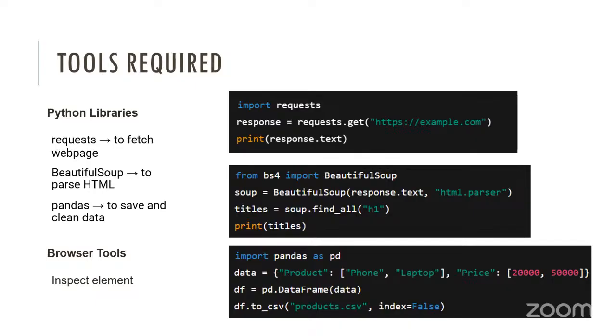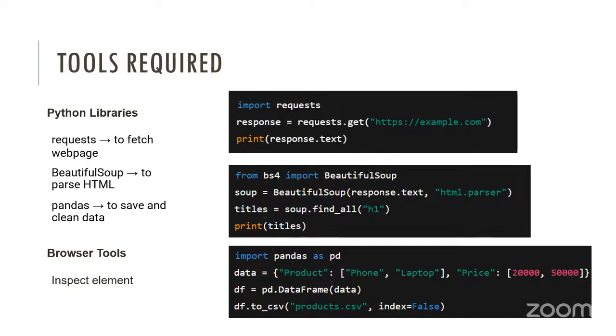When we do web scraping, we mainly need three Python libraries and one browser tool. The first tool is called requests. This library is used to download the web page from the internet.